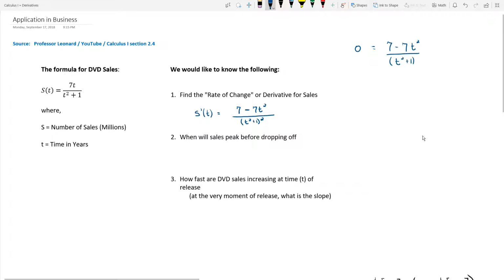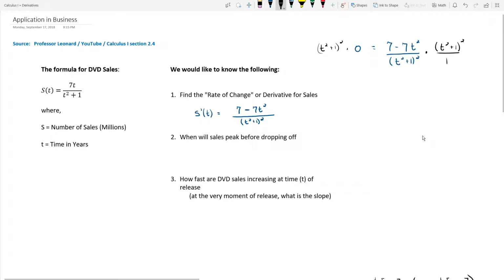Well, it can't, because we cannot divide by 0. But to show that mathematically, we can just multiply by the reciprocal of the denominator on both sides, so we'd have t squared plus 1 squared over 1, and then we multiply this side by the same thing, which is just t squared plus 1 squared.